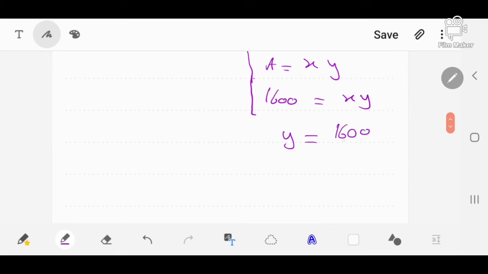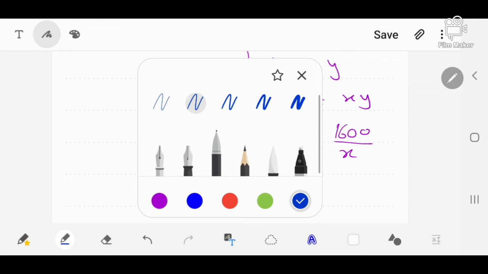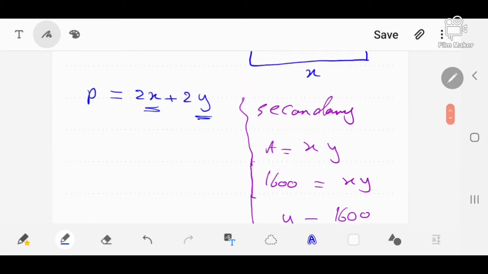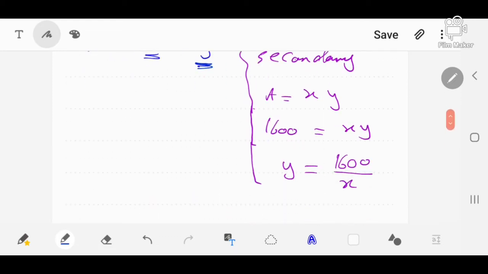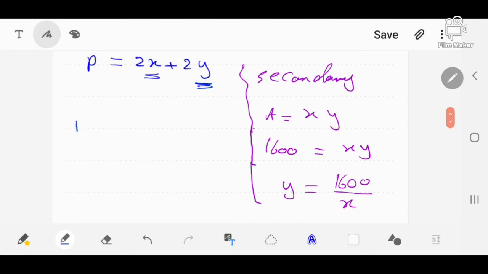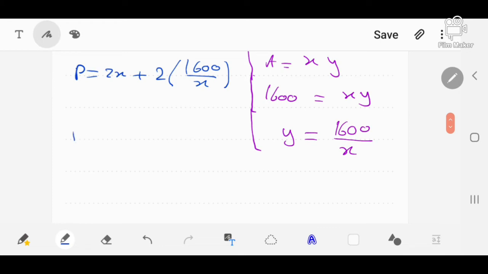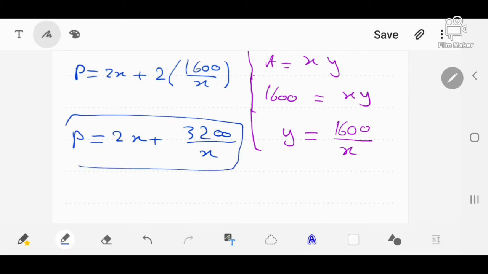Now I can replace the y here by 1600 over x, which means I will have a perimeter equal to 2x plus 2 times 1600 over x. By simplifying this, the perimeter will be equal to 2x plus 3200 over x.